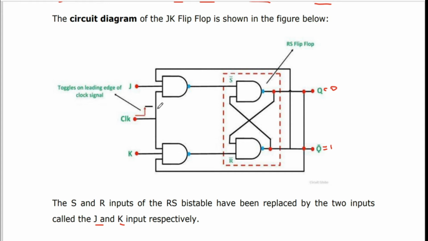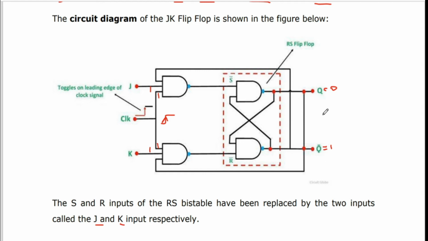The last condition says that we have clock pulse as 1 and the J value as 1. Here the clock pulse is high, the J input is high, J and K are both 1 1, and we have a high clock pulse given as an input. So how the JK flip-flop behaves, that we are going to see.